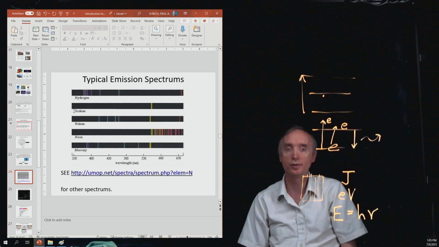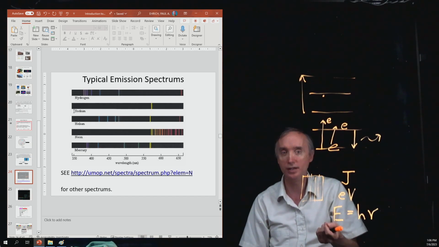So here are some typical spectrums for different kinds of elements, and you see that each element has its own unique spectrum of colors. It's like a fingerprint.